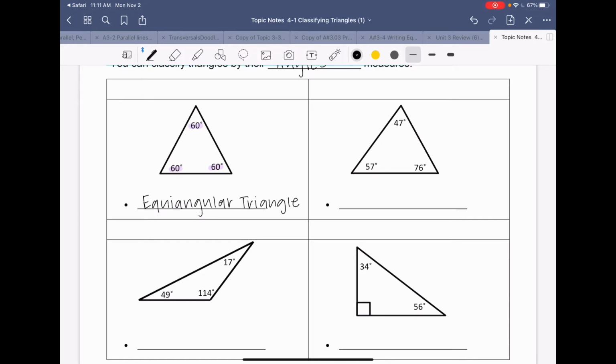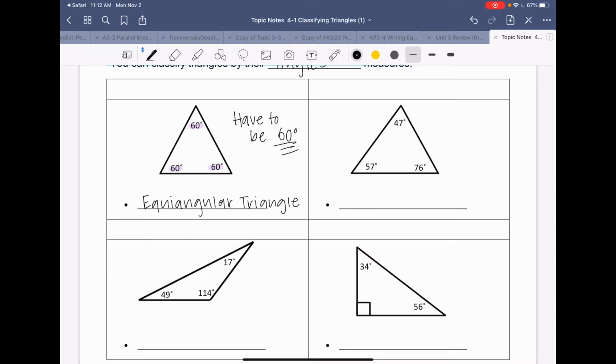So think of equilateral, those are the same. So this just means that all the angles are the same. Now, all of the angles have to be 60 degrees. Have to. It cannot be anything else.